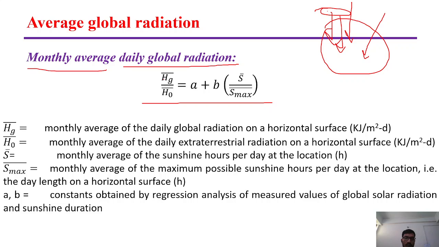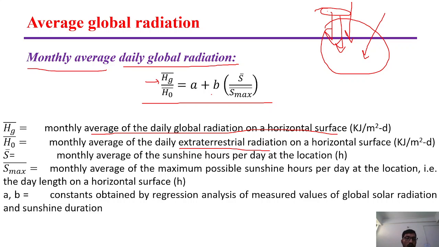That will be the average of Hg upon H naught is equal to A plus B times the average of S upon the average of S max. Hg is the monthly average of daily global radiation on a horizontal surface. H0 is the monthly average daily extraterrestrial radiation on a horizontal surface, that is, on the extraterrestrial horizontal surface.